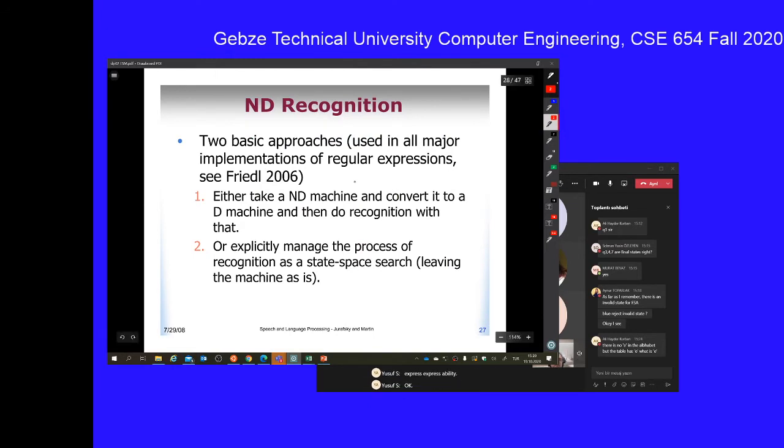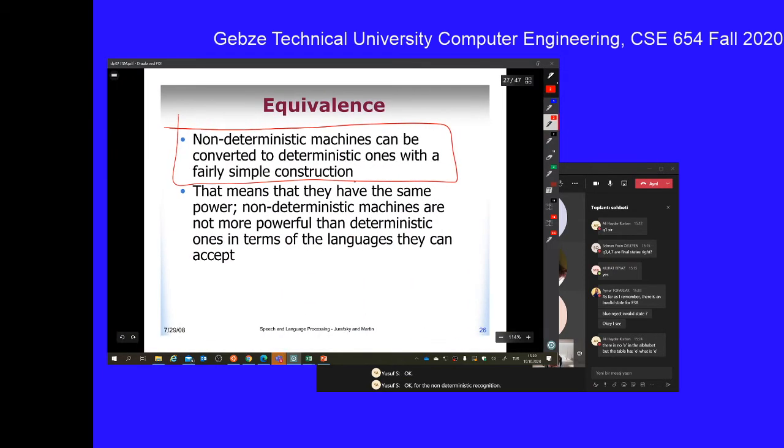Okay. For non-deterministic recognition, what does that mean? If a conversion is possible from non-deterministic to deterministic, and I have a non-deterministic machine and an input, how do I know that this finite state automaton can recognize this string?